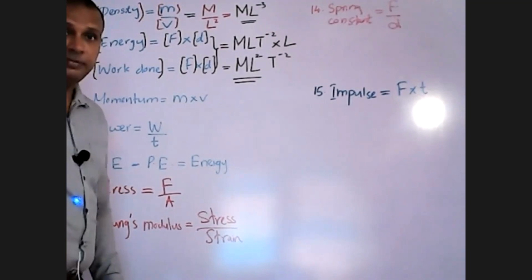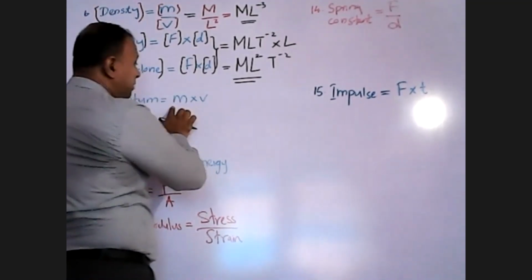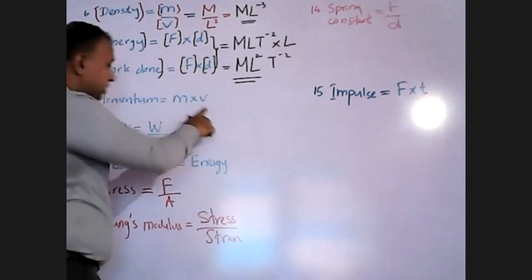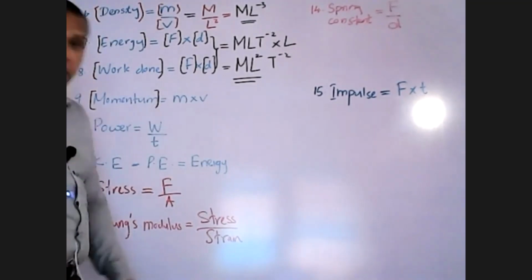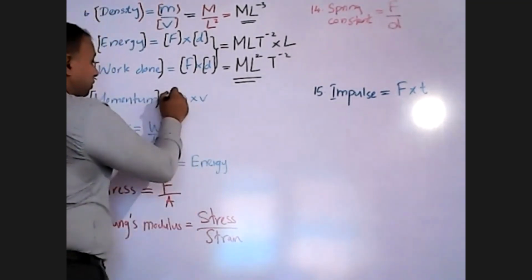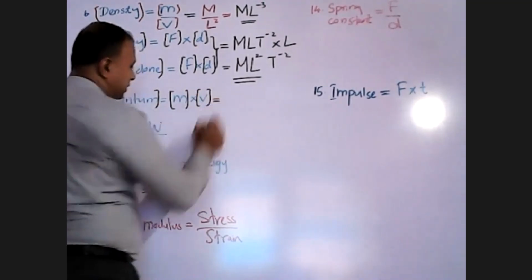Then momentum. Momentum is M into V. M means mass, V means velocity. So the dimension of momentum is equal to the dimension of mass into the dimension of velocity.